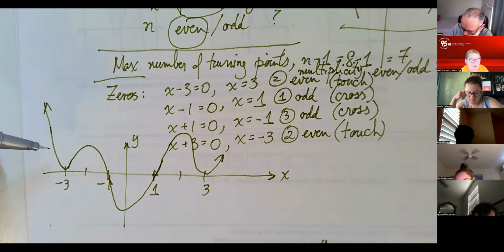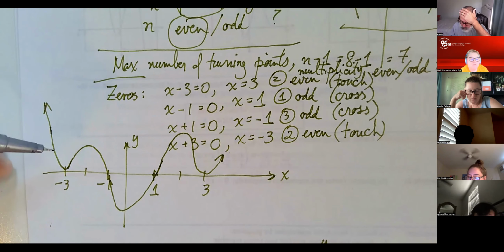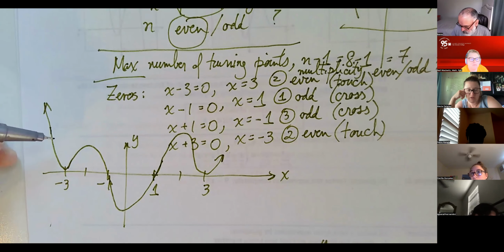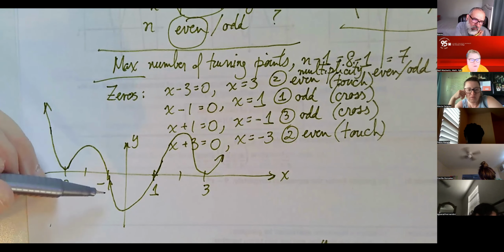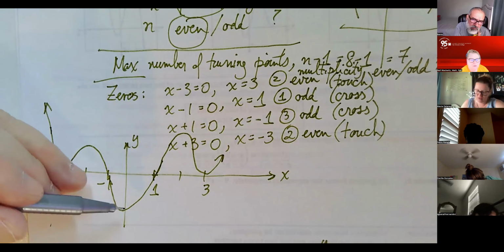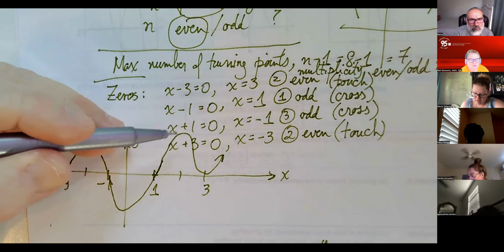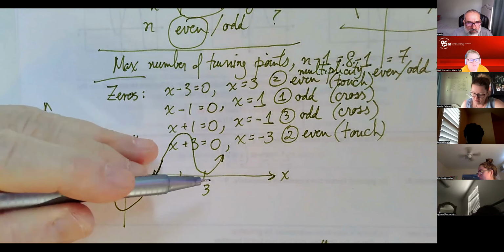So we're starting from above, we get down to -3, and what happens? Do we turn? No. We cross -1. Yeah, turn and then cross. We turn, so 1 turn, 2 turns, 3 turns, 4 turns, 5 turns.